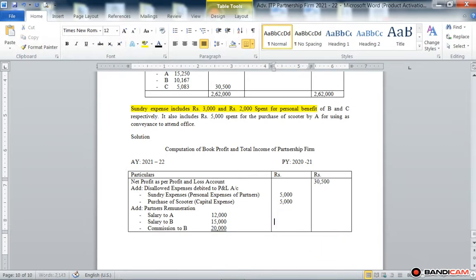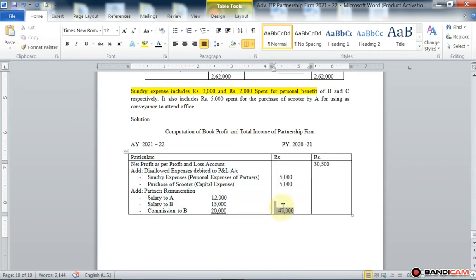So here in the inner column, the total remuneration is 47,000. Now make the total of the inner column and put this total in the outer column. That is 57,000 is the total of the inner column.